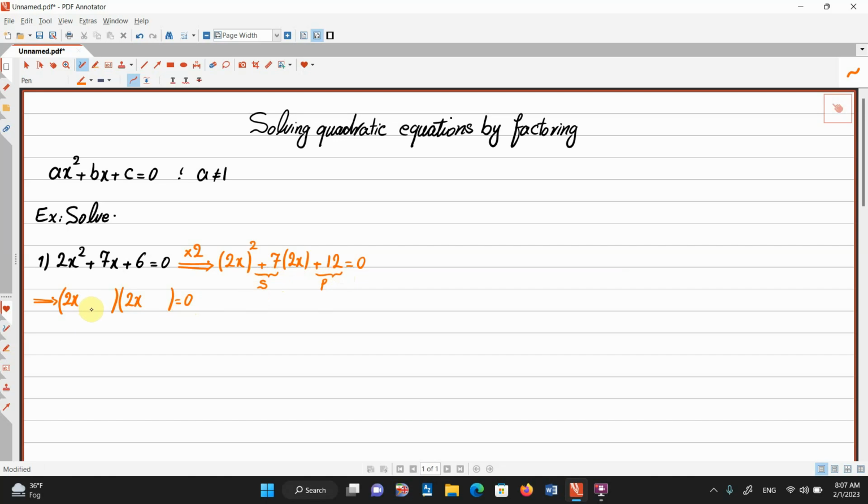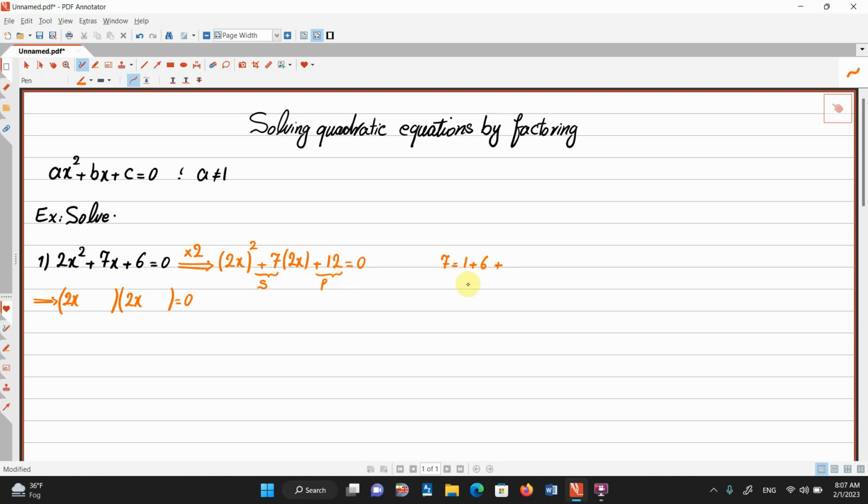If you can't guess, you should say, since the product is positive and the sum is positive, both of them are positive numbers. Then this 7, starting from the smallest positive integer, I mean 1, can be written in the form of 1 plus 6, but 1 times 6 doesn't make 12.